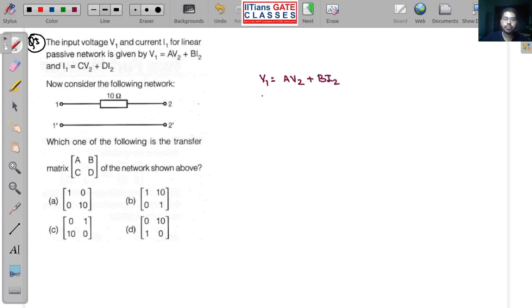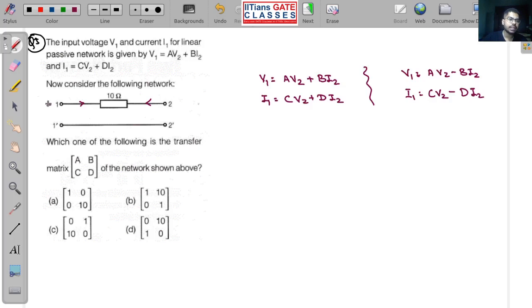Usually we know the ABCD parameters when the output port current is going inside the port, at that time we know V1 is equal to A V2 minus B I2 and I1 is equal to C V2 minus D I2. But here it is given the opposite. They have asked which one of the following is the transfer matrix ABCD of the network shown above.